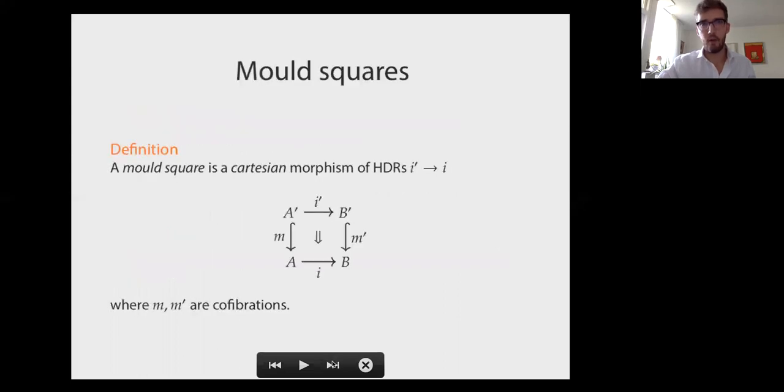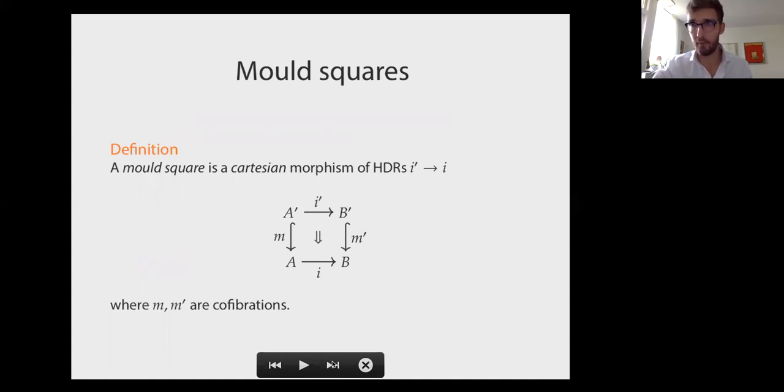Right. So this slide is probably the most important one of the talk. If you're going to remember one of them, it should be this one, because this is what defines effective fibrations. And for the definition, we combine the two algebraic weak factorization systems that exist.